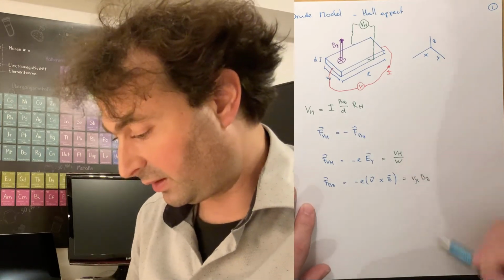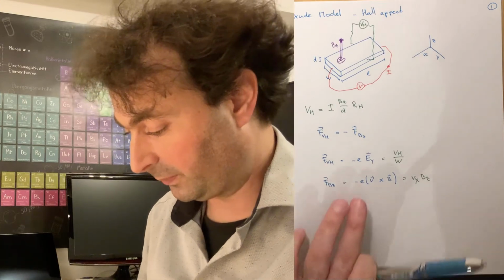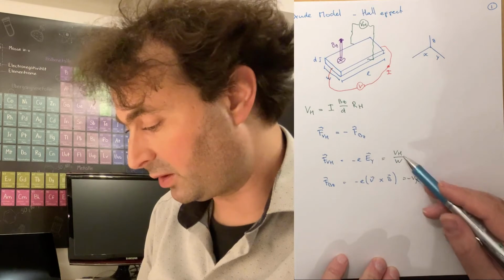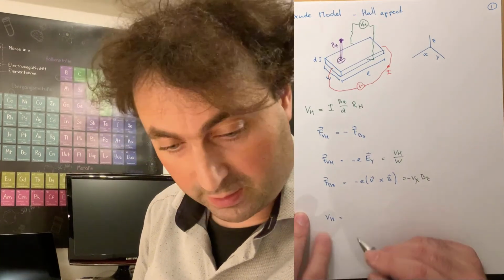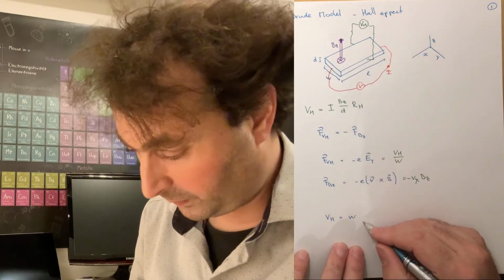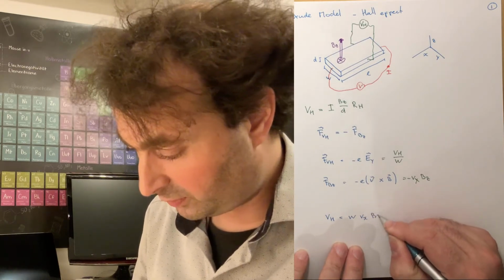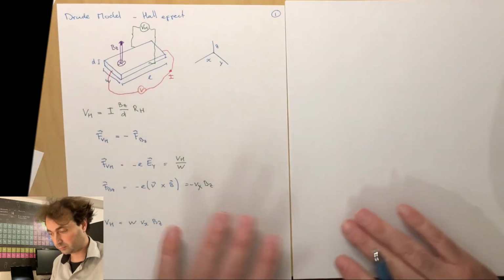Such that we can set these two equal to each other. There is a minus sign here, so they have to be minus each other, such that our Hall voltage is given by the width of our sample times the velocity of the electrons in the x direction times the field in the z direction.